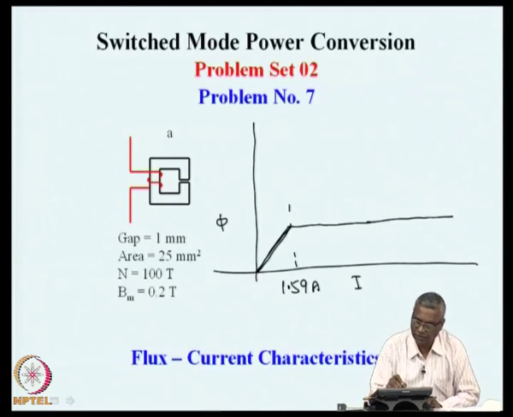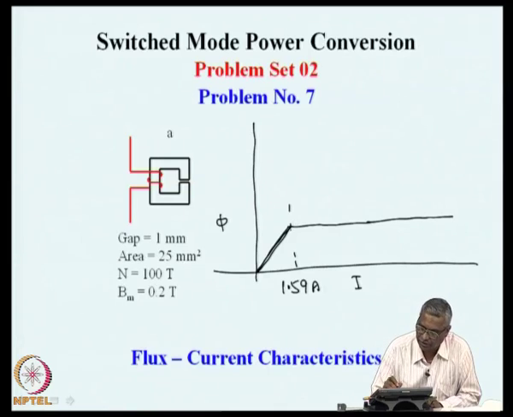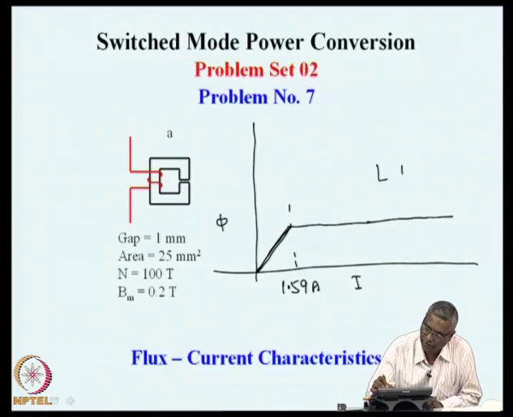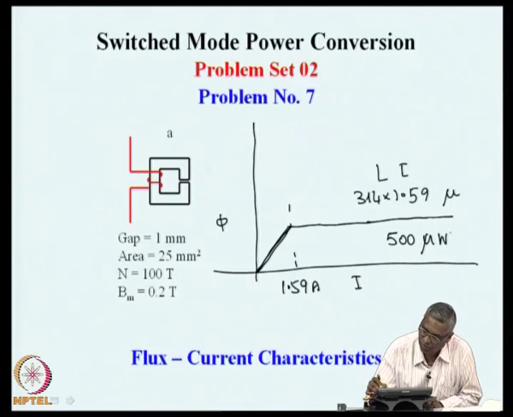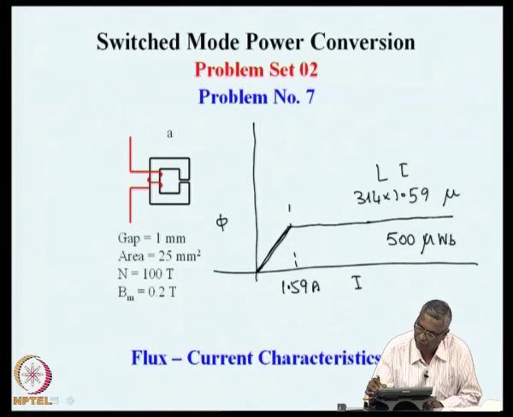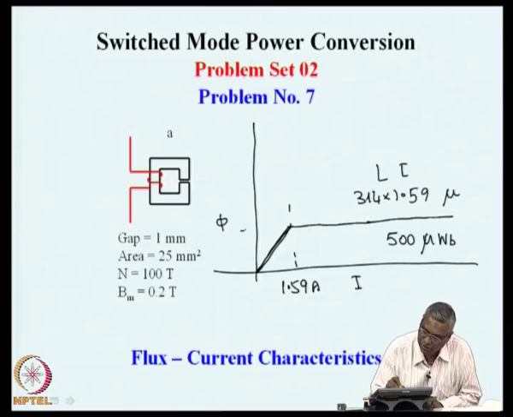And this number where the saturation occurs is L into I, which is 314 into 1.59 micro, and that number is 500 microweber.